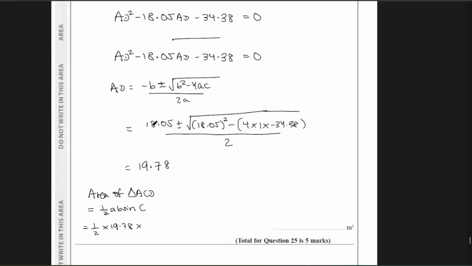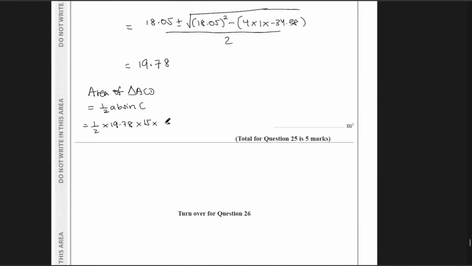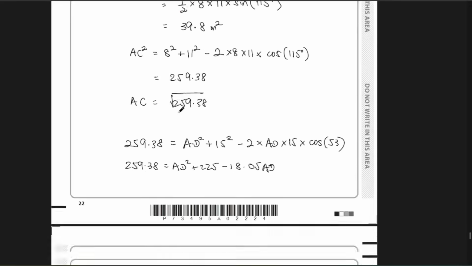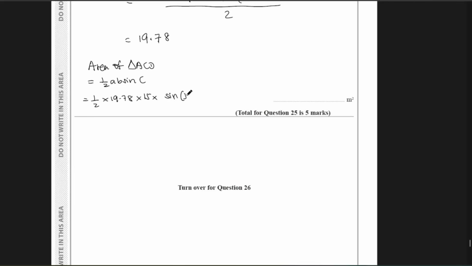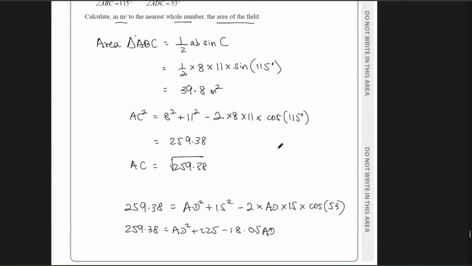The other adjacent side is 15 times sine. The angle is 53. Yes, the angle is 53. Sine 53. And this gives us 118.4 meters squared.